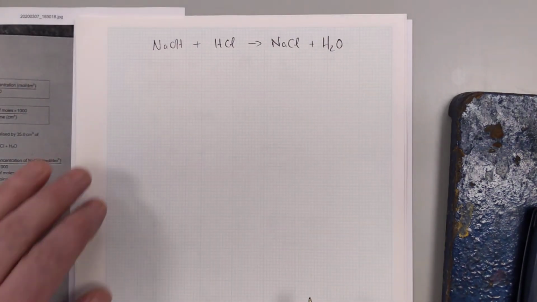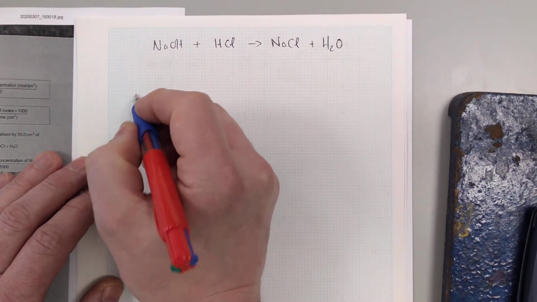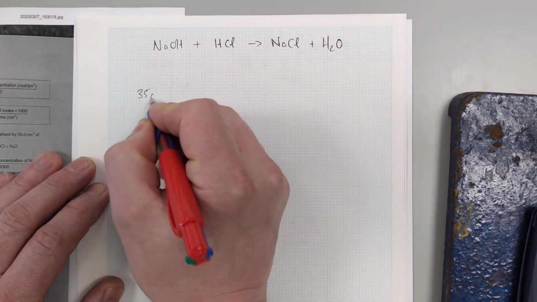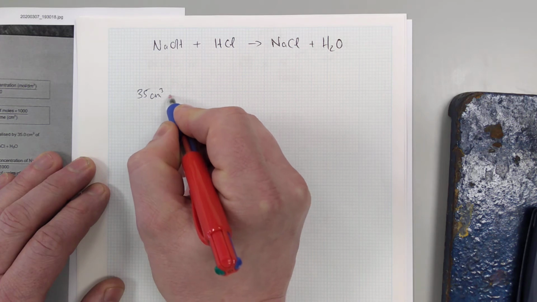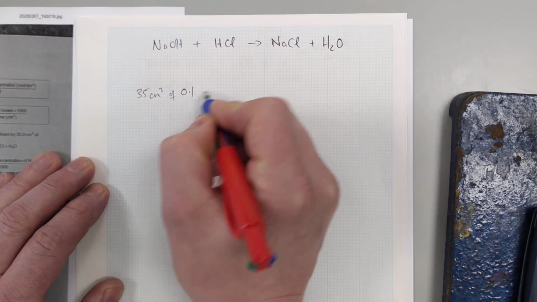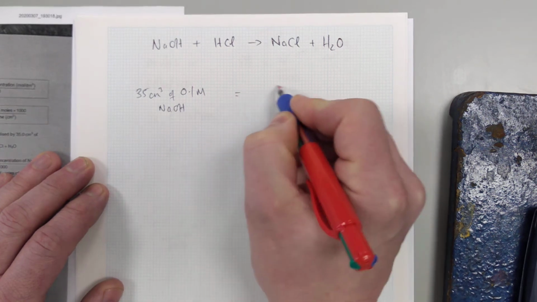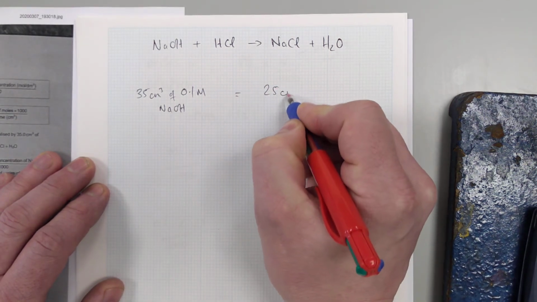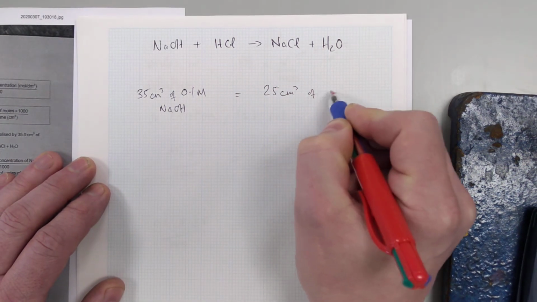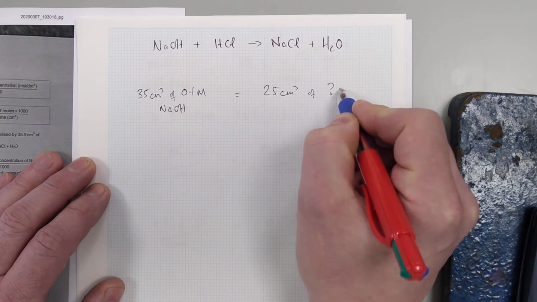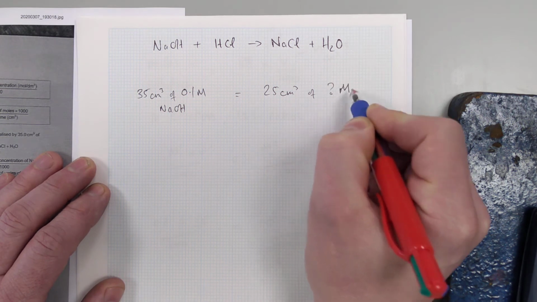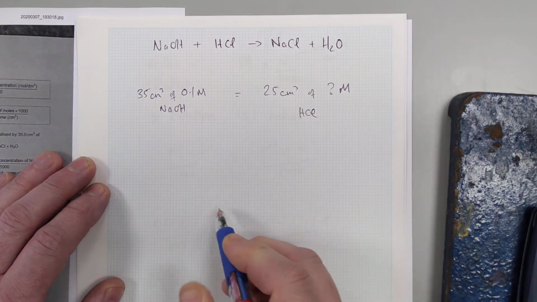So in our question, we were told that we had 35 cubic centimetres of 0.1 molar NaOH, and that was equivalent to 25 cubic centimetres of our unknown molarity HCl.